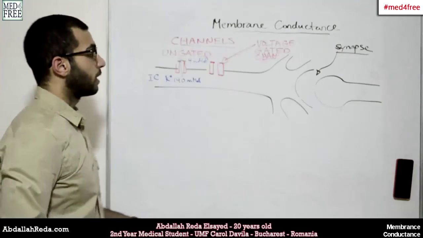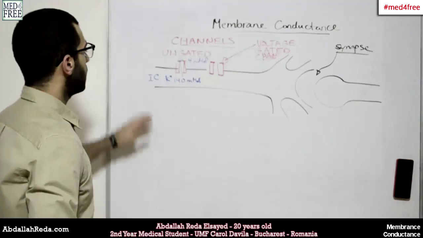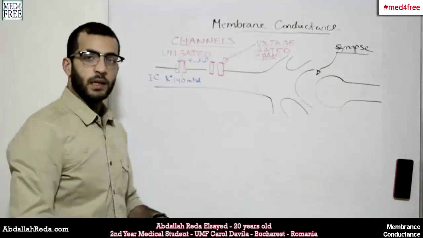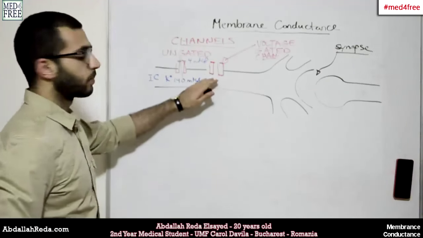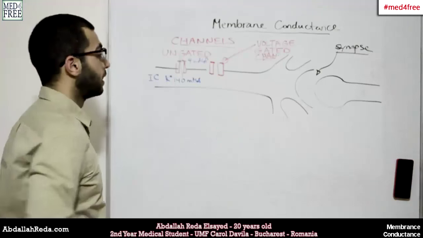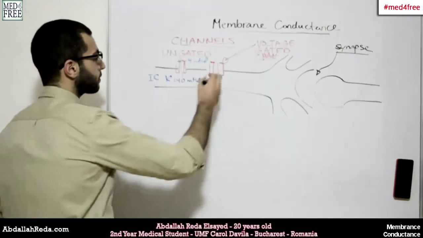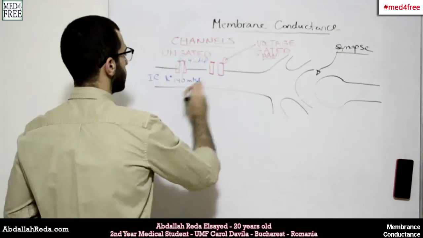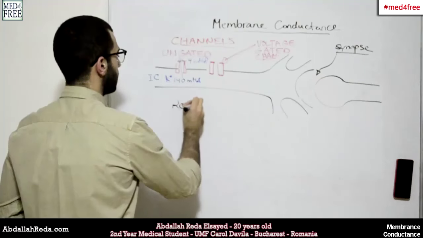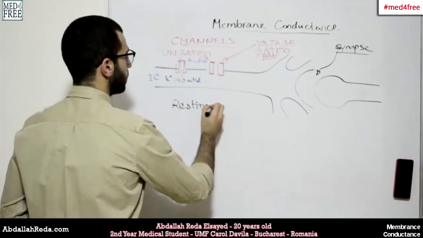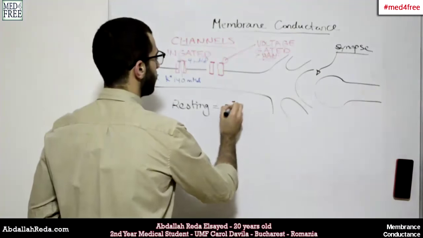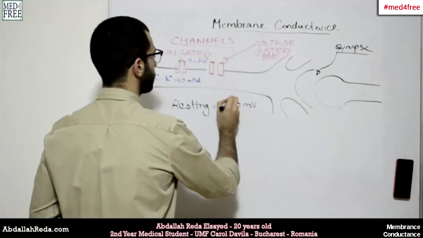It depends on the voltage. Now, in the resting state, the electric potential inside the neuron will be around minus 70 millivolts.